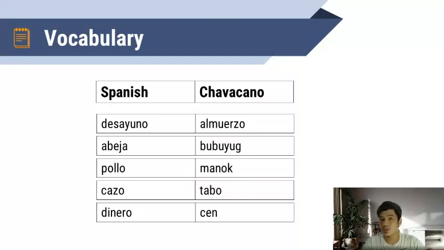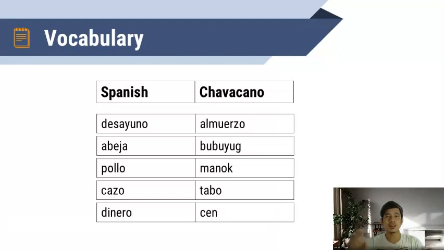In Chavacano, we just say mediodía for the term lunch. So we say, Ya comía yo mediodía. I ate already lunch, or I took already my lunch. In Spanish, almuerzo means lunch, while desayuno means breakfast.